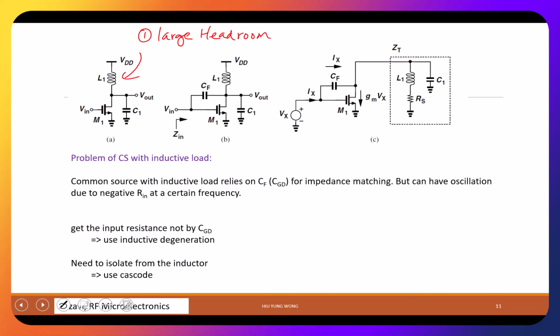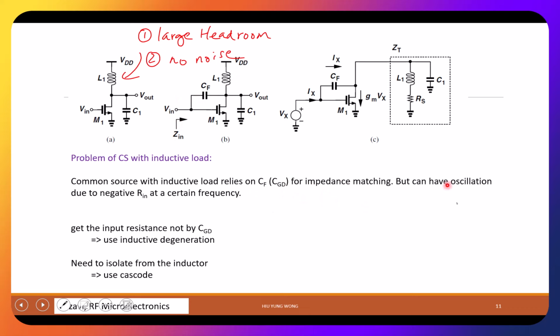The cascade one, and also no noise, right? Compared to a resistor, because now I have a large gain, but I have much smaller noise, only RS. The problem is that at that time, how do we match the impedance? We actually rely on the feedback capacitor, which is CGD, coupled with L1, all this network together to do the impedance matching, which works pretty well.